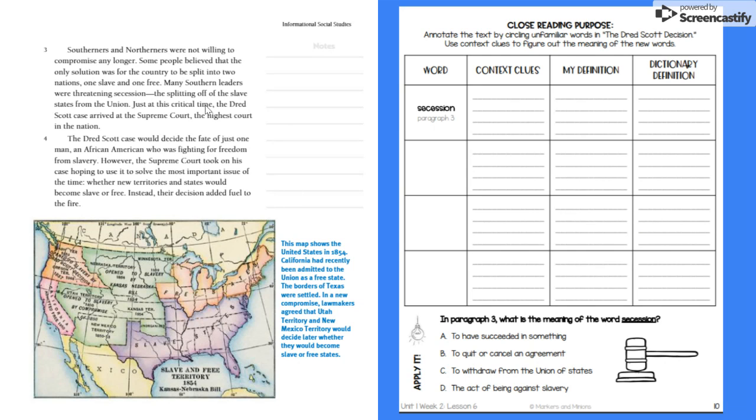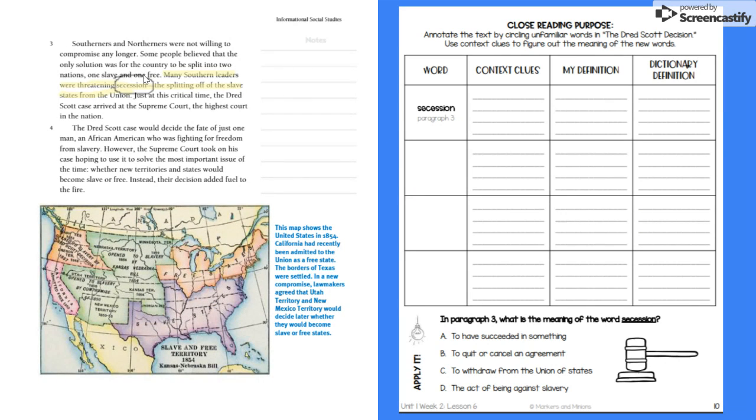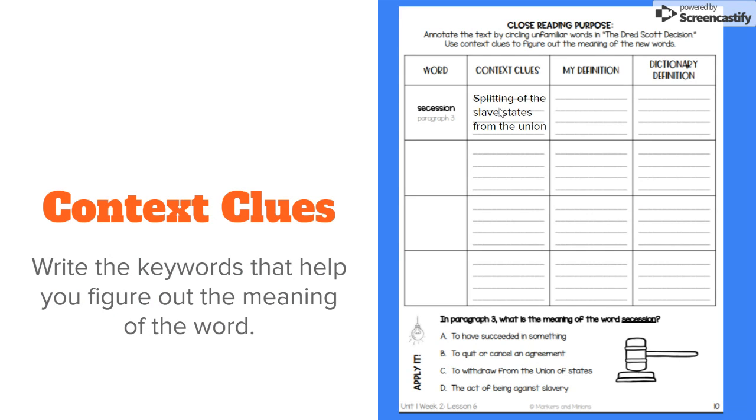In paragraph 3 here, the very first word we're looking for is secession. You'll see here that I've circled it, and I've highlighted the whole sentence, looking for my context clues. I've recorded my context clues to help me figure out what the word means. So I recorded down splitting up the slave states from the Union. You'll want to make sure you don't write the complete sentence. You're just looking for those key words, those important words that help you figure out the meaning.